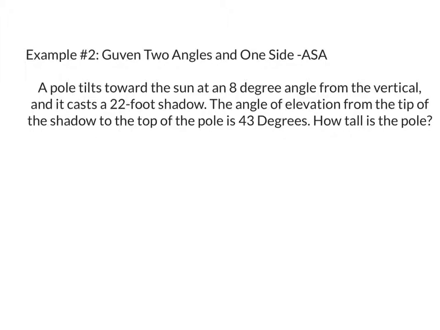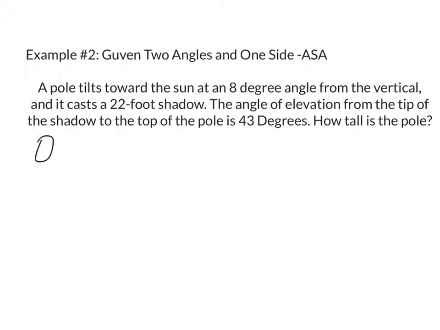So what I'm going to do is draw this out. It's better to draw it. So we have a pole, and we know a pole typically is a vertical pole, right? However, it says it tilts toward the sun. So let's draw.